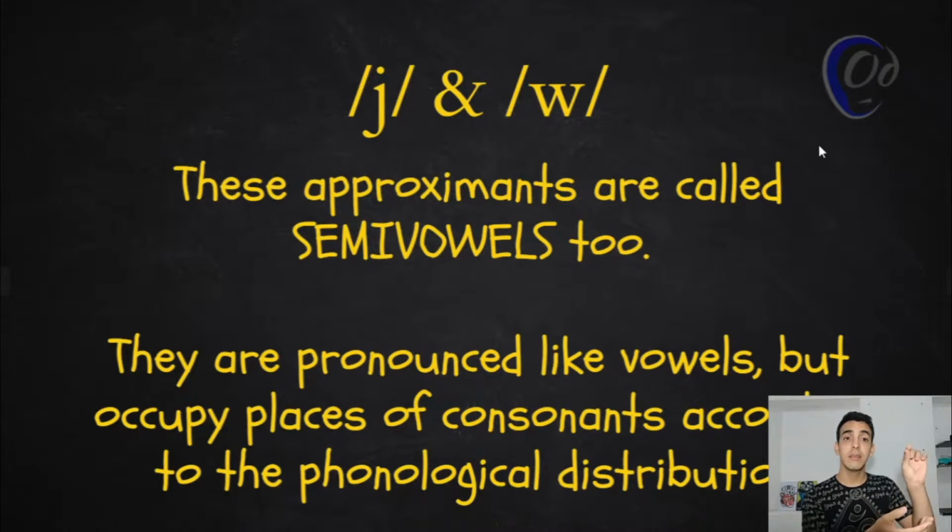So they will occupy places of consonant sounds. They are pronounced like vowels, but occupy places of consonants according to the phonological distribution. So remember this: the semivowels are these ones, ya and wa. But please, for me, call them labiovelar and palatal respectively.